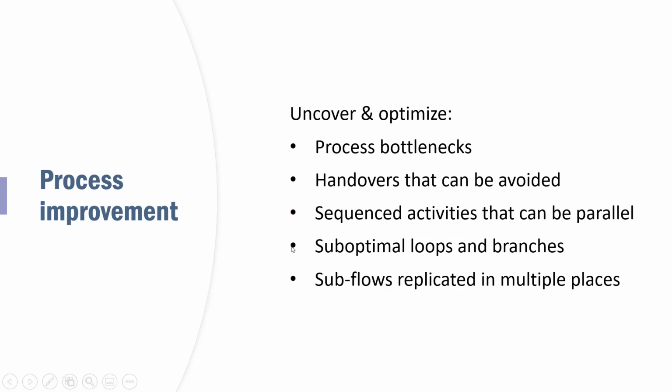Are there too many loops and branches and decision points, and it's hard to follow, and they are creating a little bit of a messy process of decision making? Are there sequences of steps that keep being replicated in multiple places by multiple roles of people, and is it really necessary? Can you simplify it? So these are just some of the ideas for you.